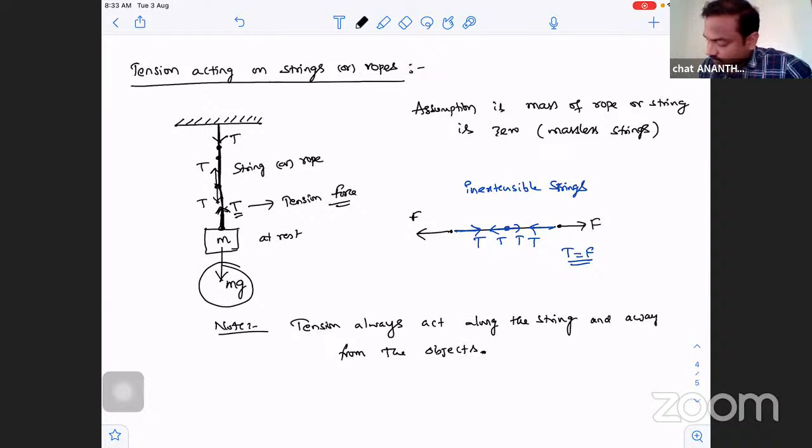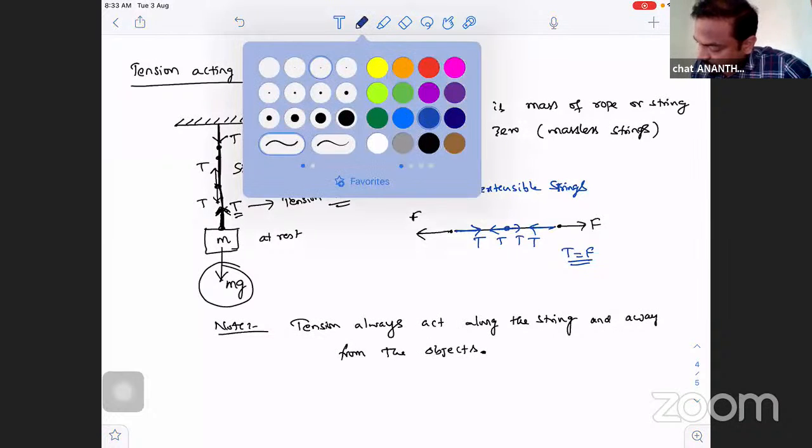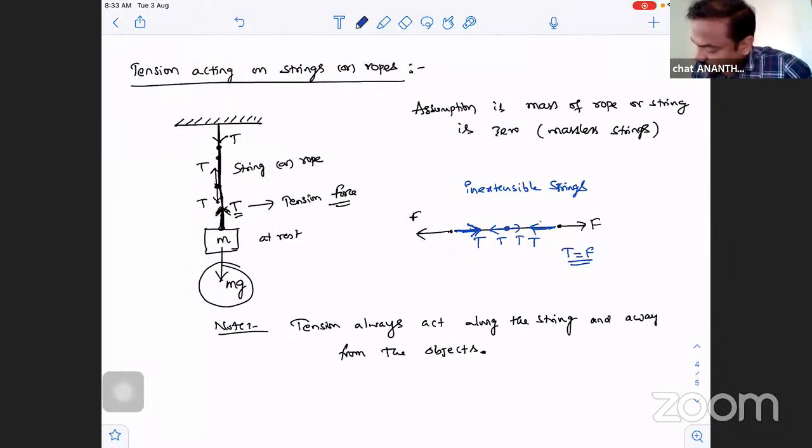Tension always acts along the string and away from the object. Tension always acts along the string and away from the object. Means tension is acting away from the object, something like this. Okay. Clear?